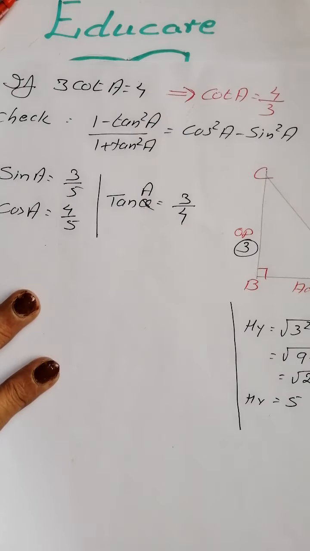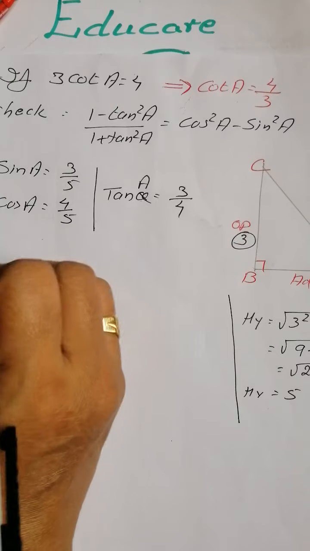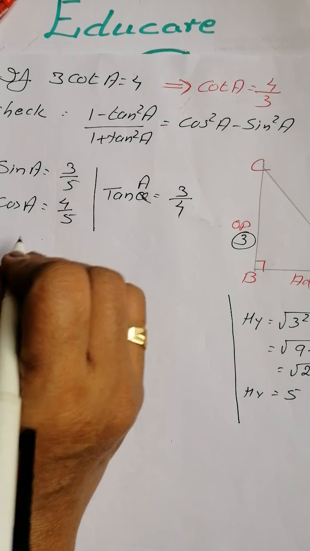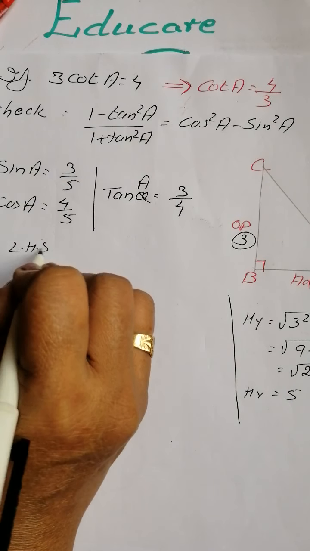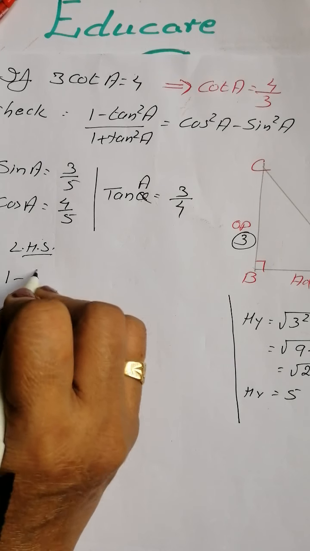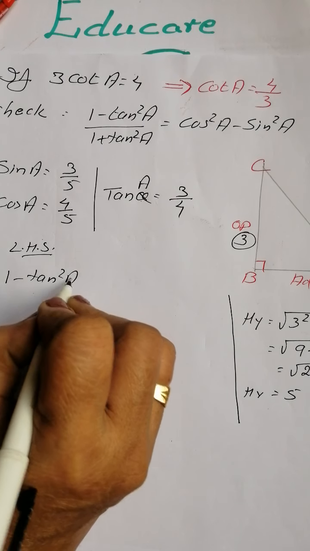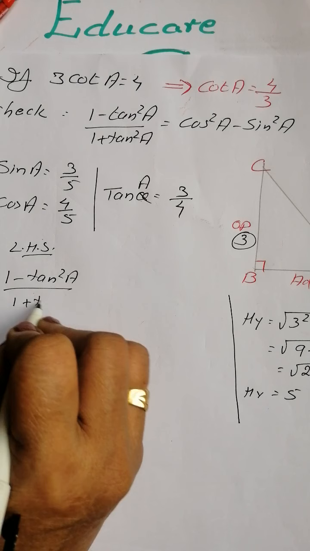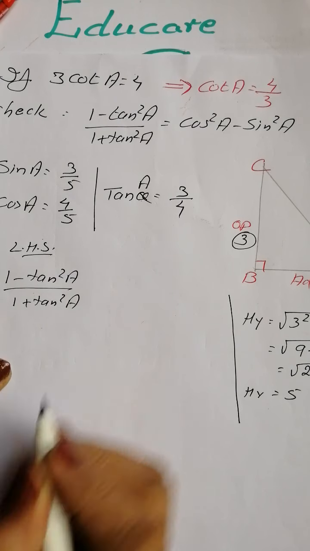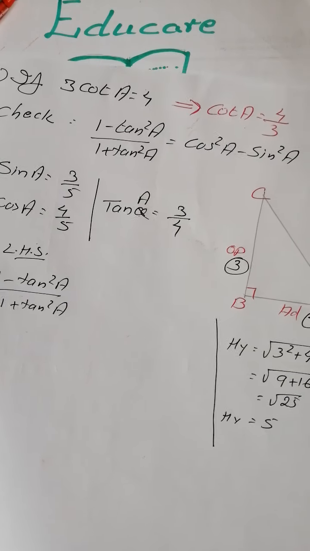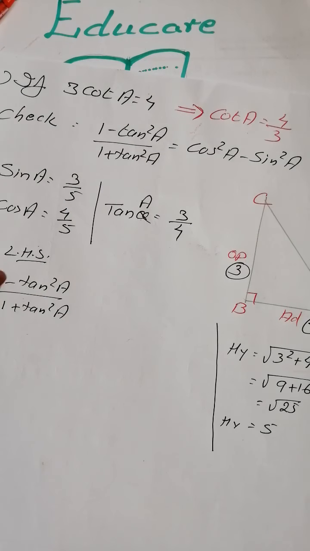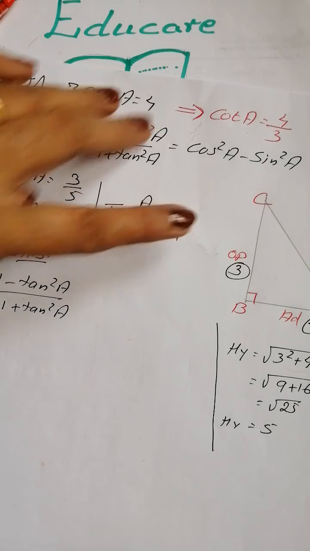Okay. Now we will put the values. First we will evaluate LHS, left hand side, that is 1 minus tan square A by 1 plus tan square A. Got it? And what is tan? 3 by 4. What is tan square? 3 square by 4 square.